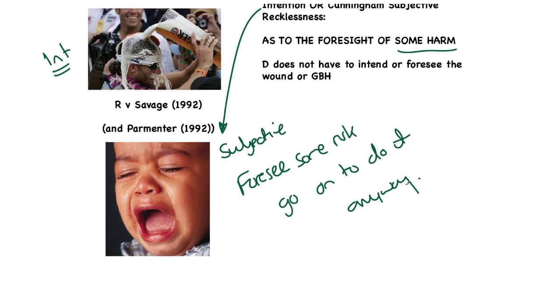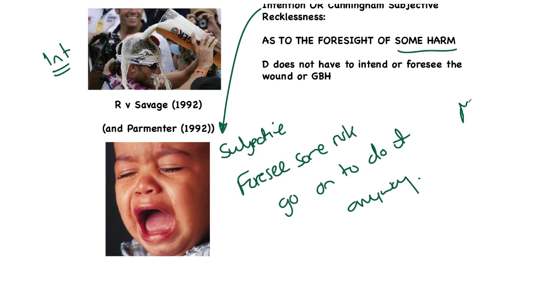Okay, and in this case, the defendant did not foresee any risk because he was not used to handling children, and he did not know that handling children at all would be risky in the way in which he was doing it. So basically the 2 cases, Savage talks directly about intention and this idea that there has to be some foresight of harm, and Parmenter tells us that there has to be subjective recklessness.